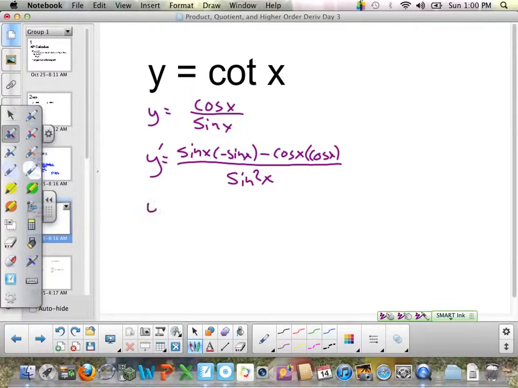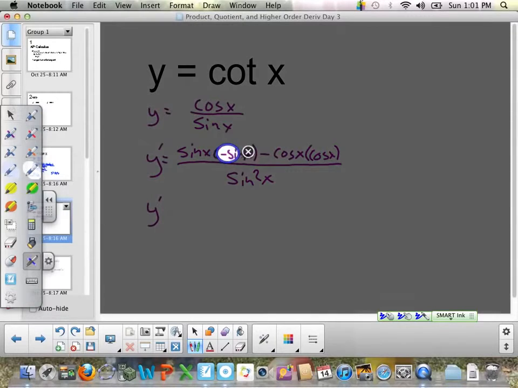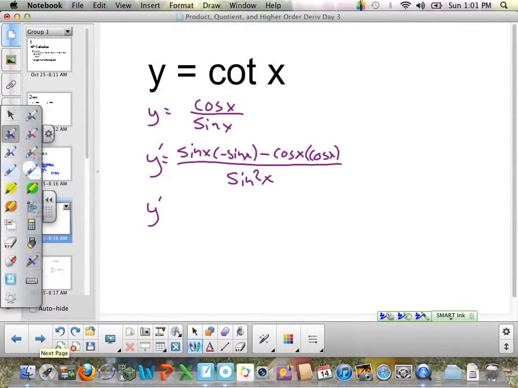Cleaning up the top, we can see that both terms up top have a negative in them. So we'll factor out our negative. So it'll be negative, and then sine times sine is sine squared, and cosine times cosine is cosine squared.